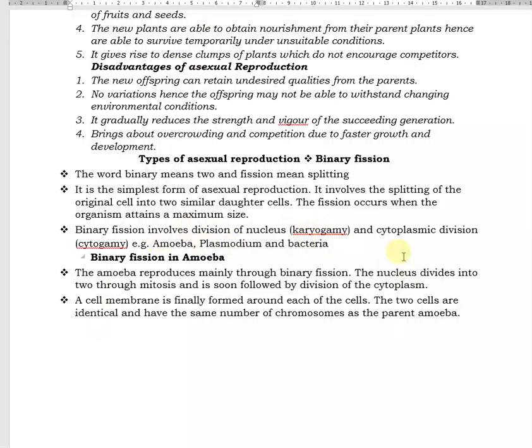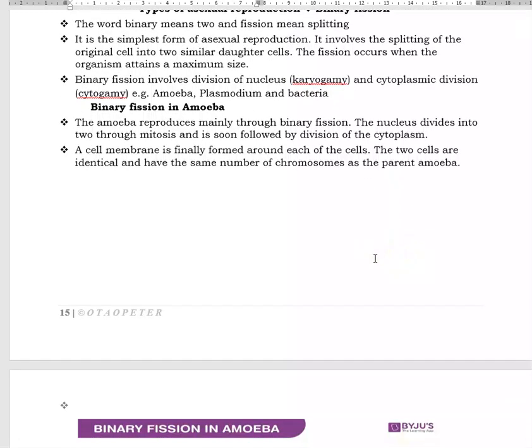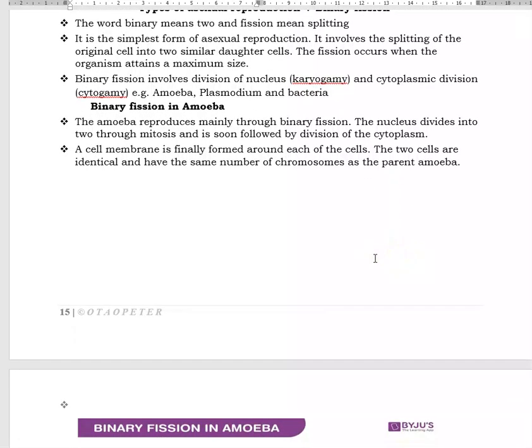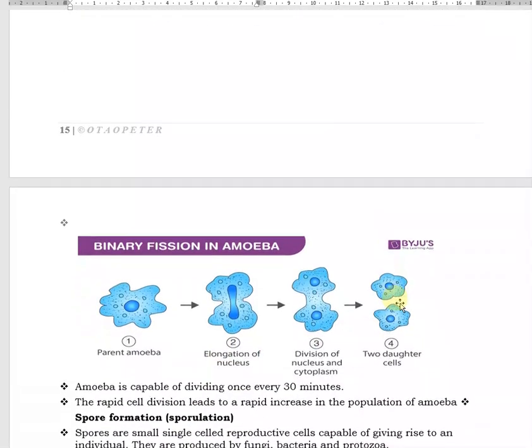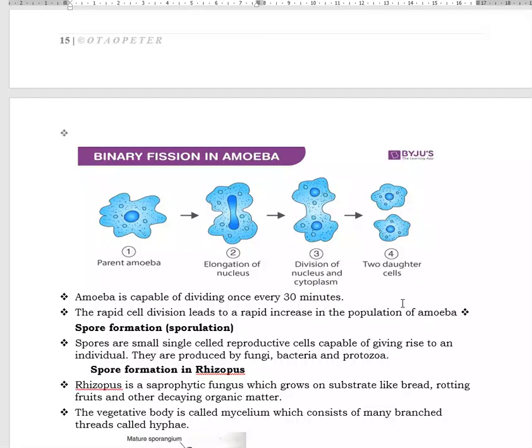So those are the organisms that undergo binary fission. So don't forget about plasmodium and bacteria. Then lastly we have amoeba. Don't forget that they undergo binary fission.